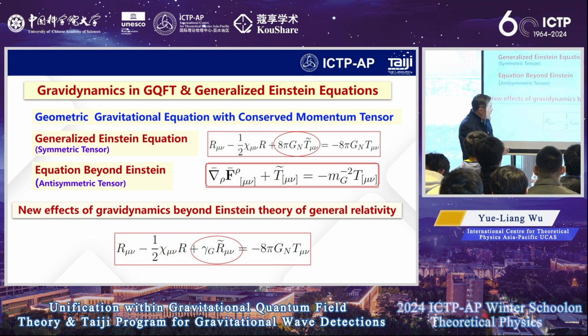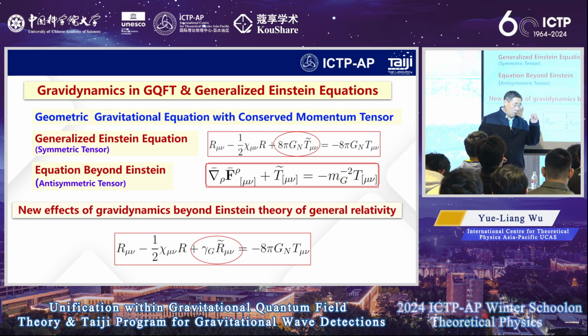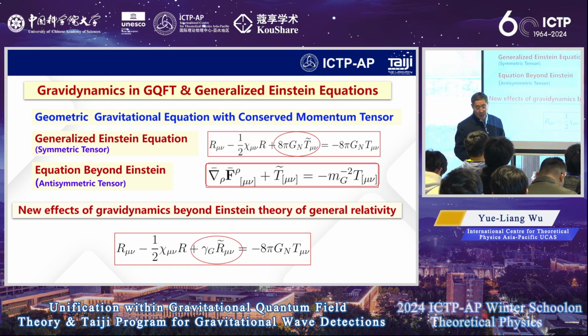We further linearize the equation in the absence of all matter, with only the free gravitational field. In the Einstein equation, we know there are two polarizations for the tensor. We know gravitational waves are transverse, similar to the electromagnetic wave. So there are two polarizations.